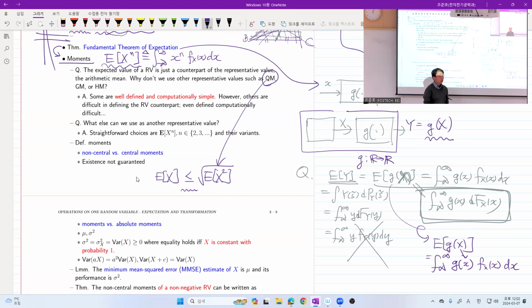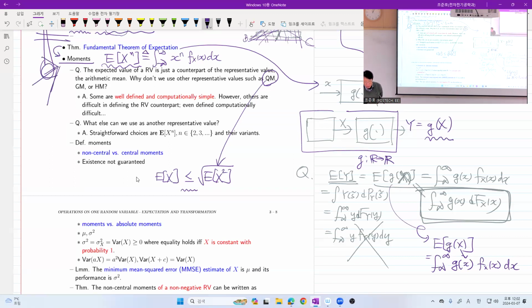Then it would be a linear function, but that's too easy because for a linear function ax plus b, you don't need to compute anything except the expectation of x. So x to the n is really appealing. Those values are named moments. Got it?